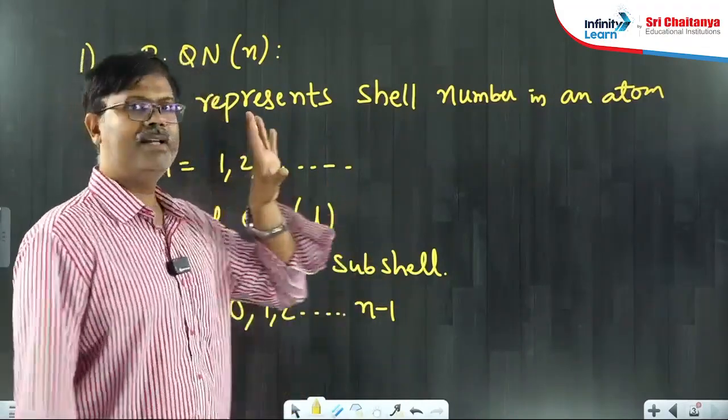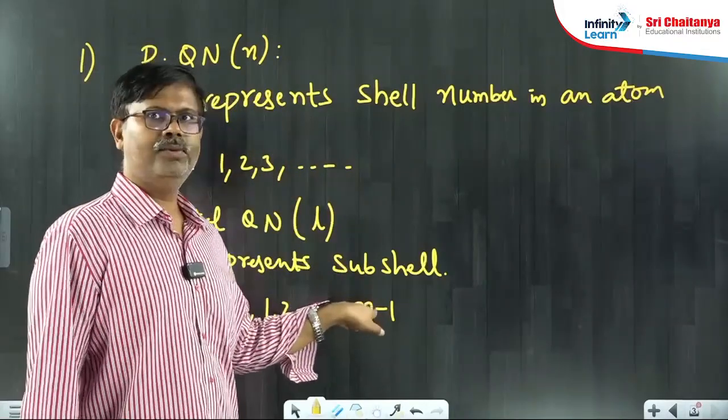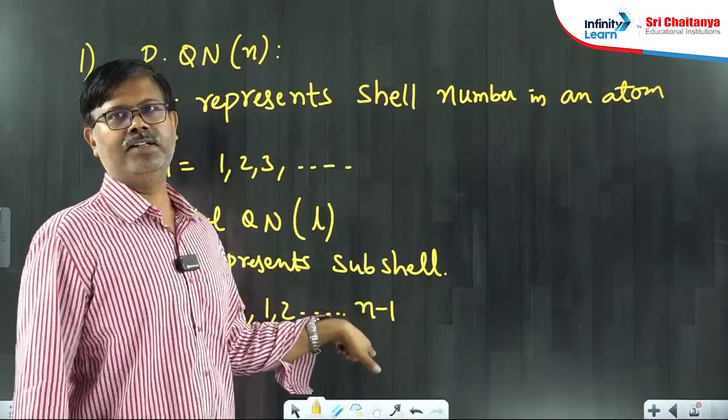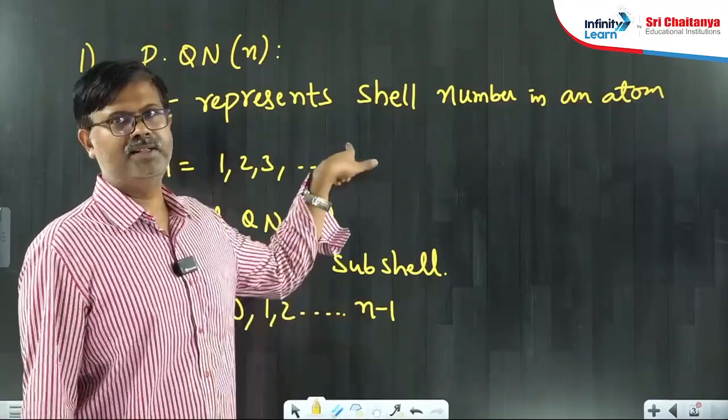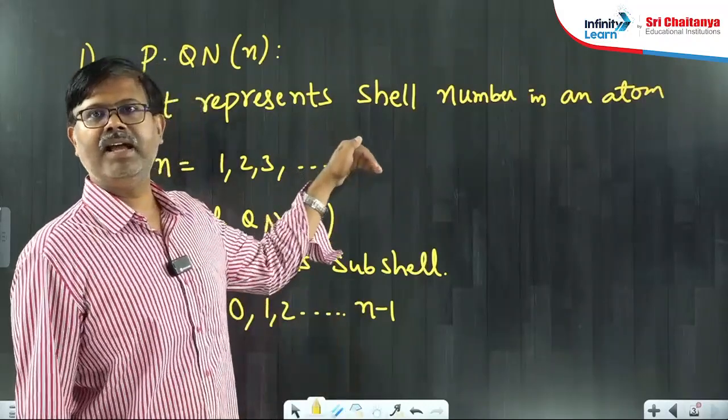Suppose principal quantum number is 3. Then 3 minus 1 is 2, so there will be streets 0, 1, 2. Only 3 streets will be there in that third city, not more. Like that, L values depend on the n value.